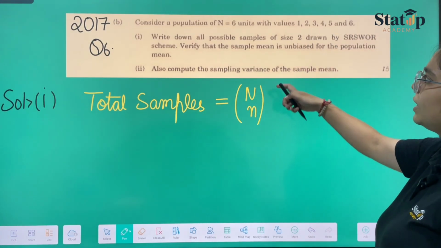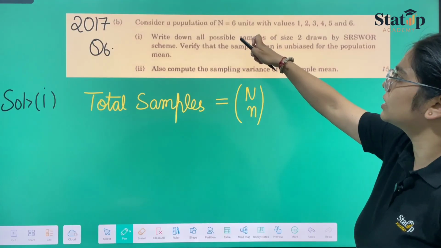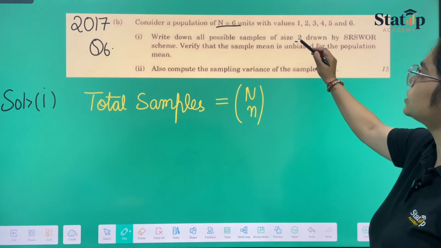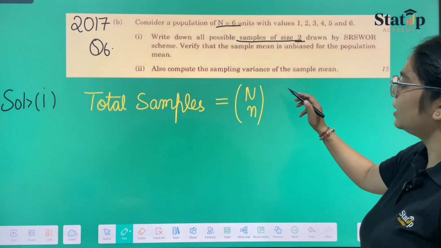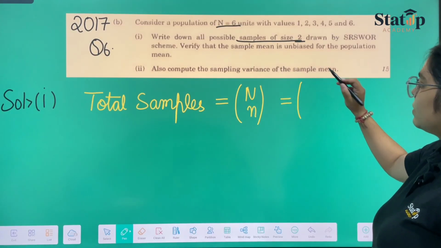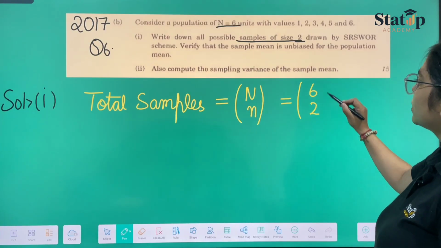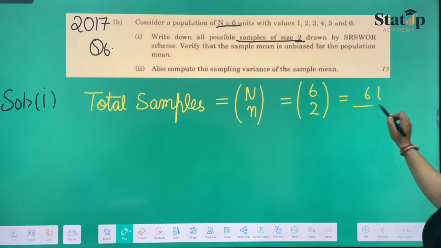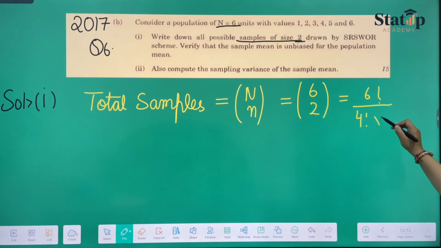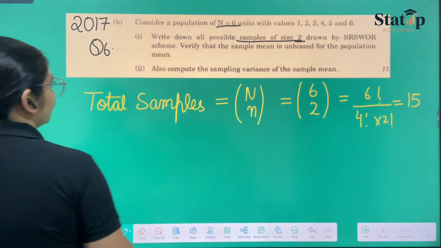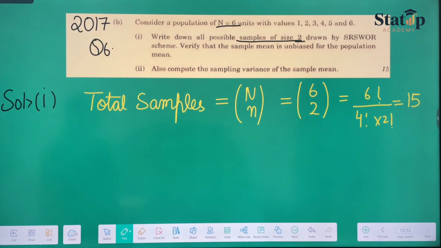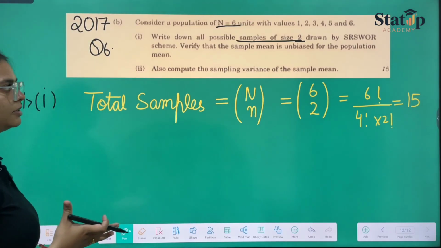Taking capital N equal to 6 and small n equal to 2, we get 6C2, which is 6 factorial upon 4 factorial into 2 factorial, giving us 15. So in total there should be 15 samples following the simple random sampling without replacement scheme.